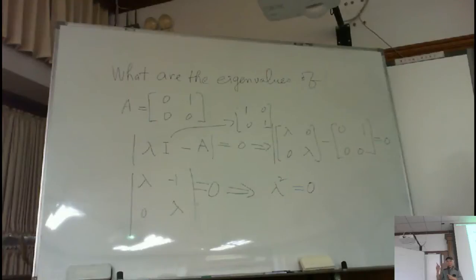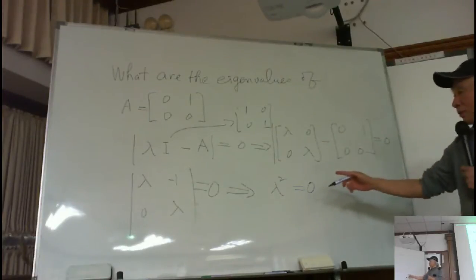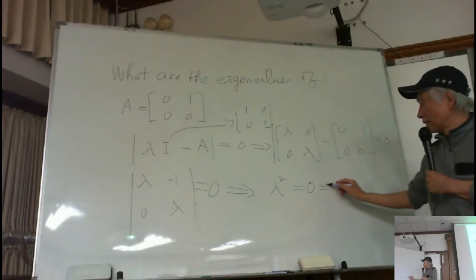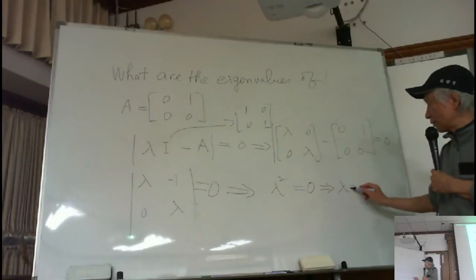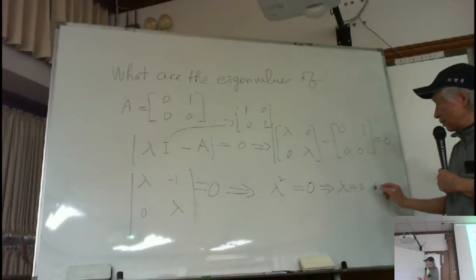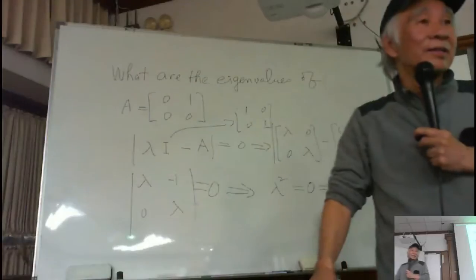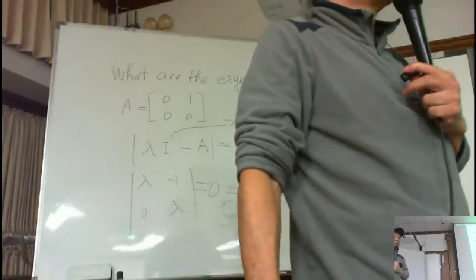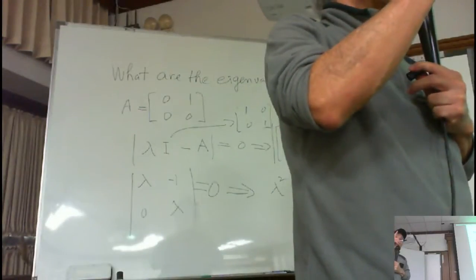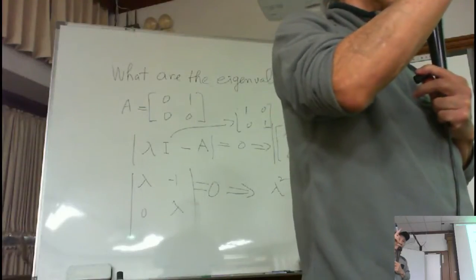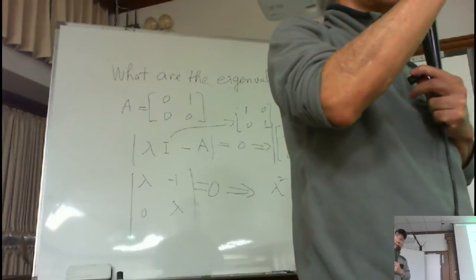Now, look at this. Lambda square equal to 0, that means what? How many zeros do you have? 2 zeros. Aha. Don't forget about 1 0. You have 2 zeros. No, not 1 0. 2 zeros.